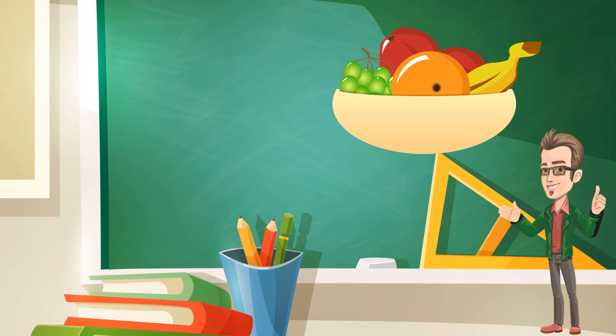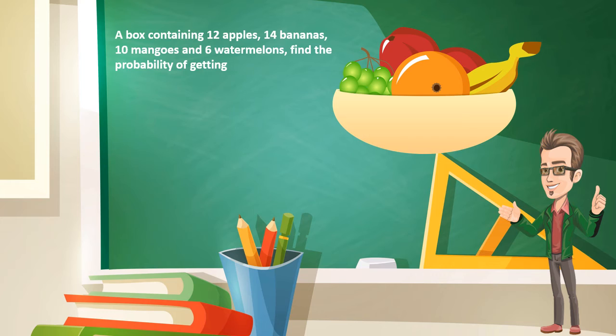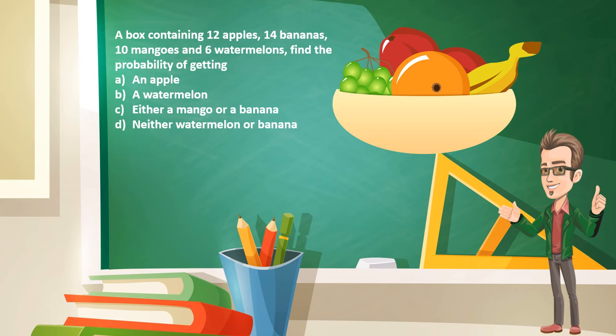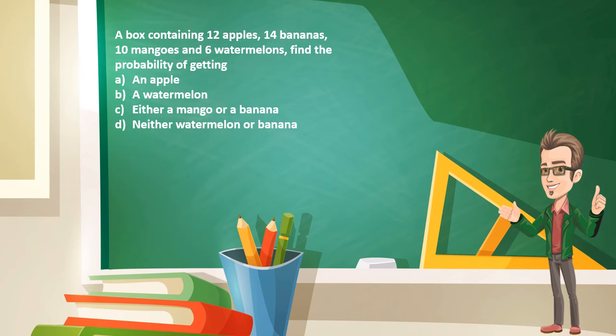Now, in this question, we have a box containing 12 apples, 14 bananas, 10 mangoes, and 6 watermelons. Find the probability of getting A, an apple, B, a watermelon, C, either an apple or a banana, D, neither watermelon nor banana.